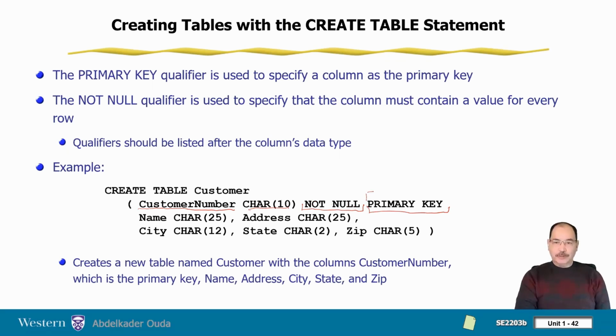And when we define it as primary key, that means when we save data in the database, it is saved in a sorted way, sorted based on that ID or this column, so that when we need to insert or retrieve something, we have it in a very fast way. And if it is primary and you try to store a value for the customer number that already exists, this will give you another error as well.